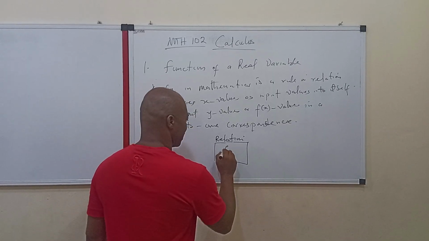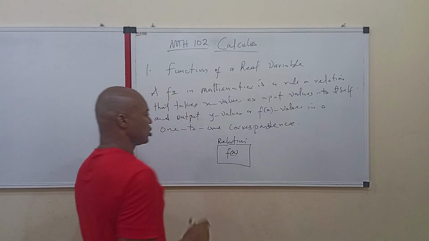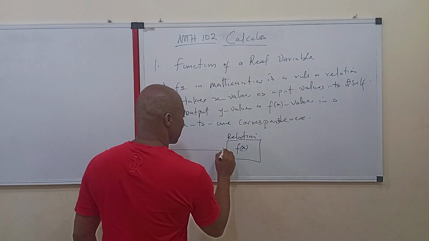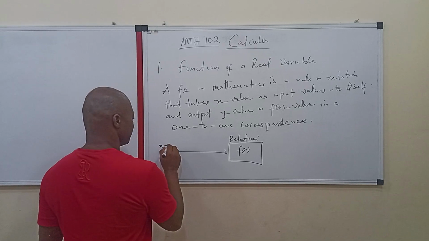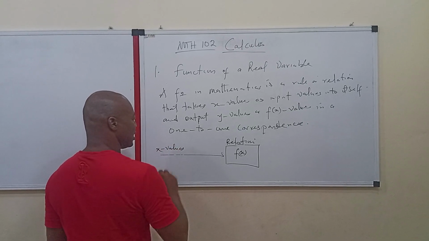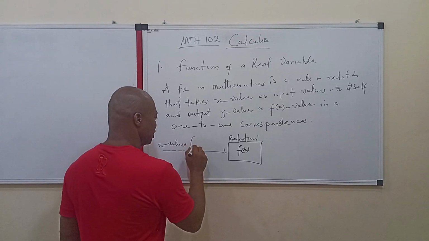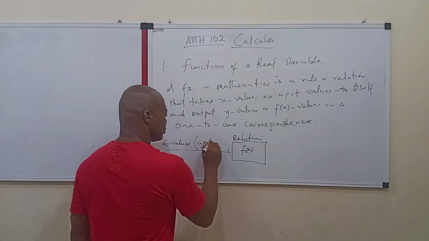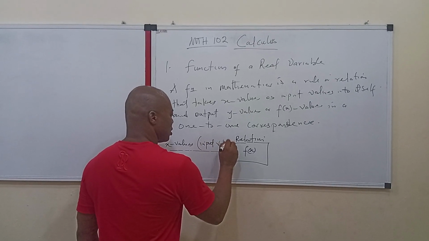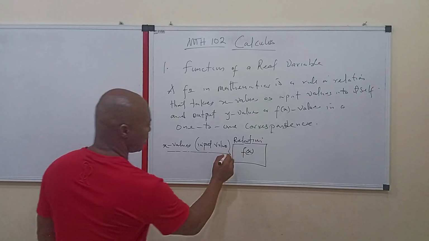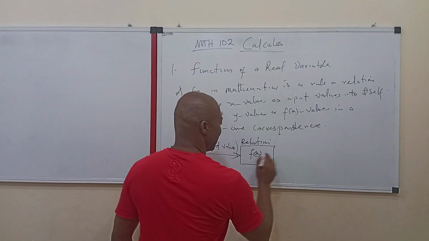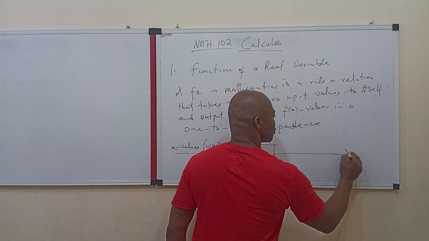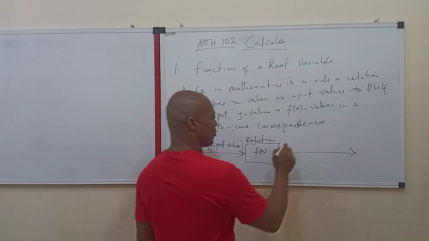This is a relation, and we can call it some function, say f of x. Now we are saying that this one takes x values. These x values are the input values. Now when it takes this into itself, it will output y values, or f of x values.